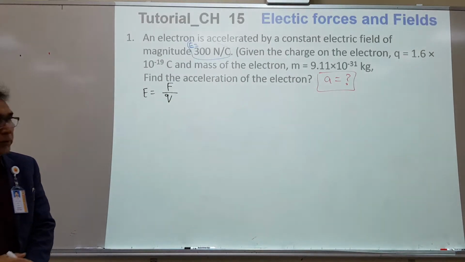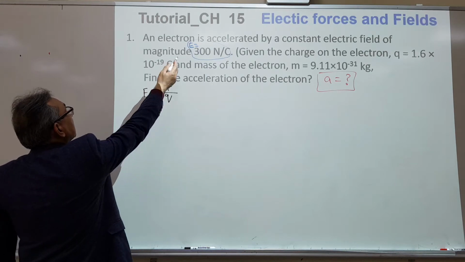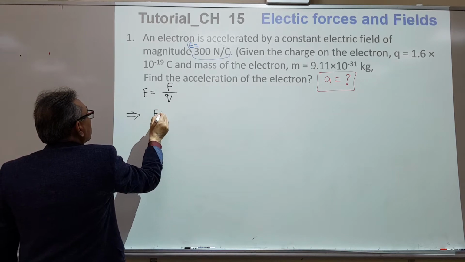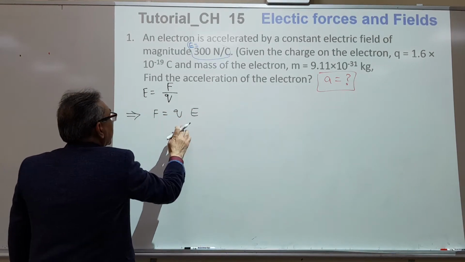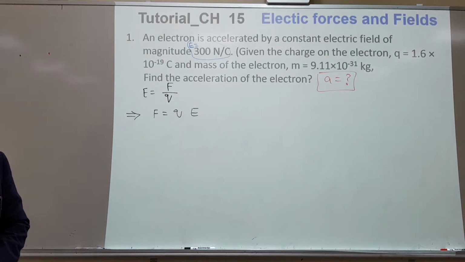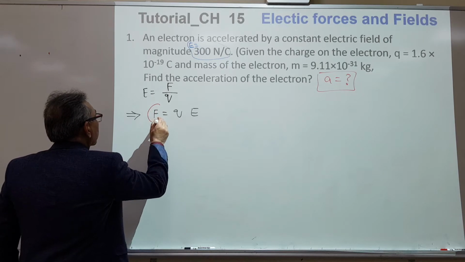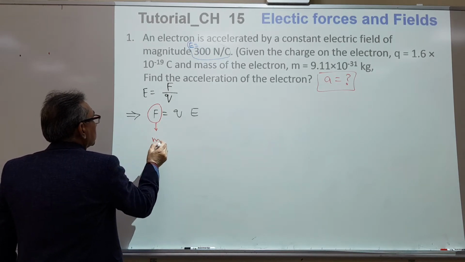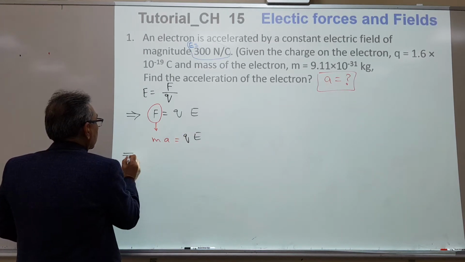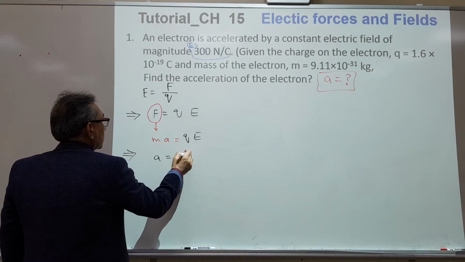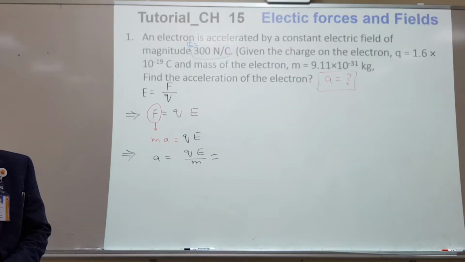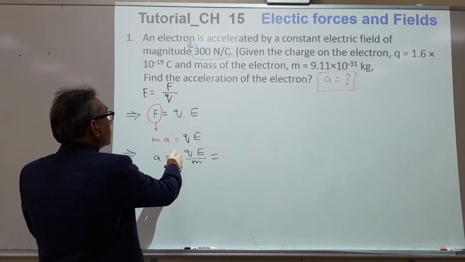This is the electric field intensity E, or the electric field strength E. This gives you force is equal to charge multiplied by the electric field strength, capital E. According to Newton's second law of motion, this is equal to MA. It gives you A is equal to Q multiplied by E over M. M is given to you, E is given to you, Q is given to you.